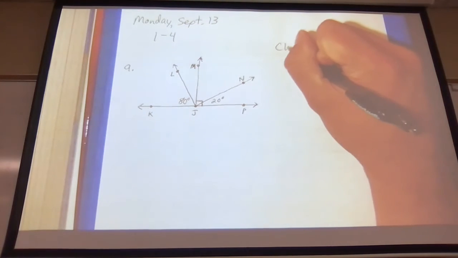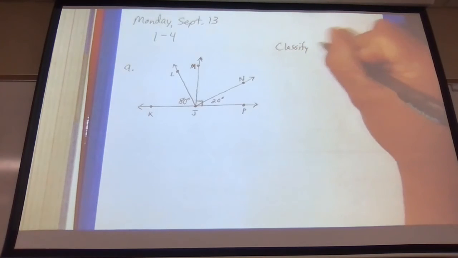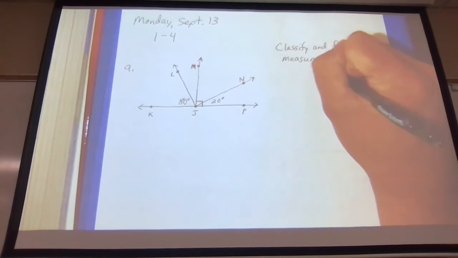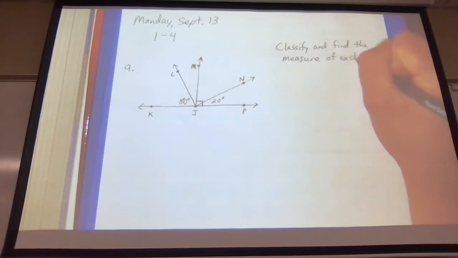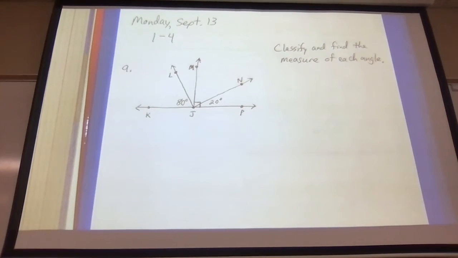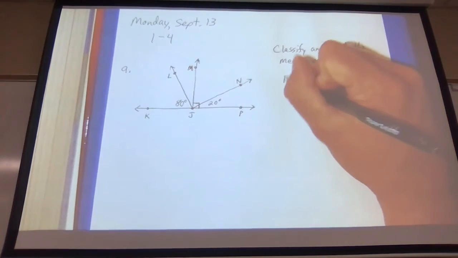And then for our directions, they're going to tell us to classify and find the measure of each angle. Then they're going to give us a few angles. They want us to find out what kind of angles they are, what their measure is.